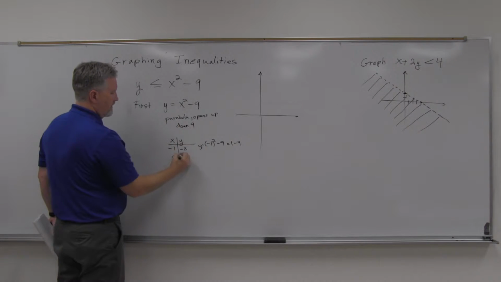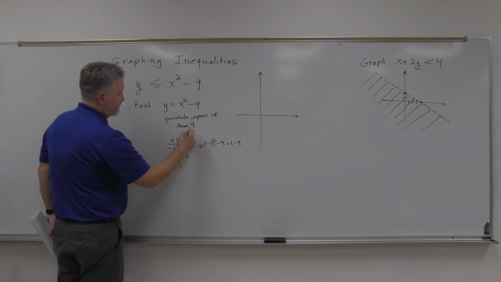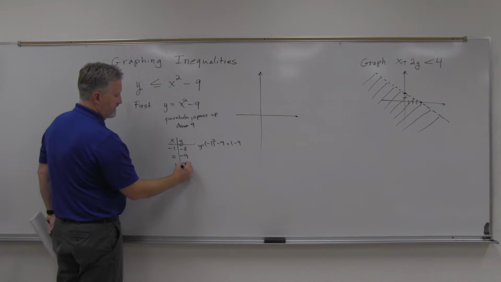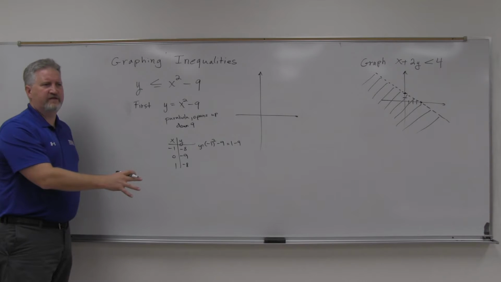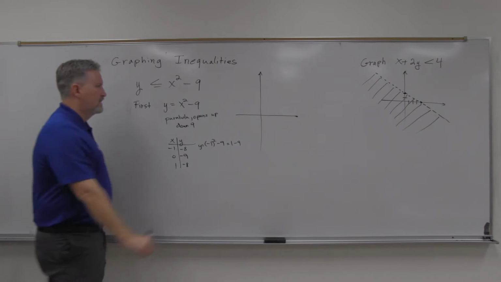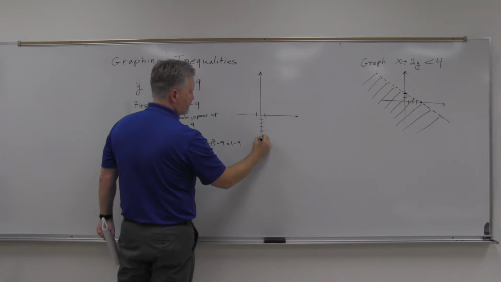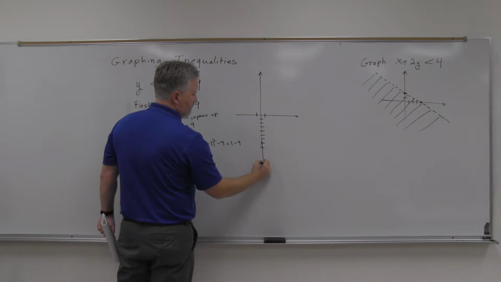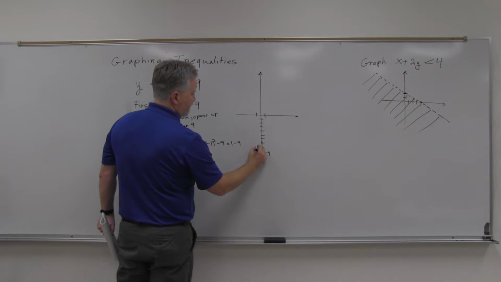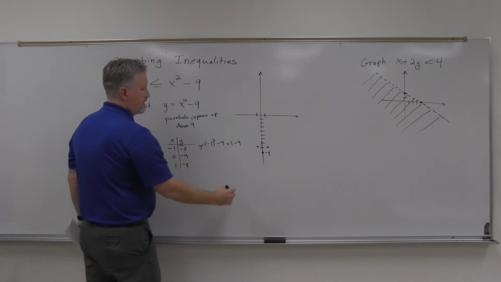If x is 0, y is -9, and then if x is 1, we'd also have -8. And so just a couple of points to give you the width of the thing, instead of making it too wide or too narrow. So 0, -9, and -1, -8, and 1, -8.